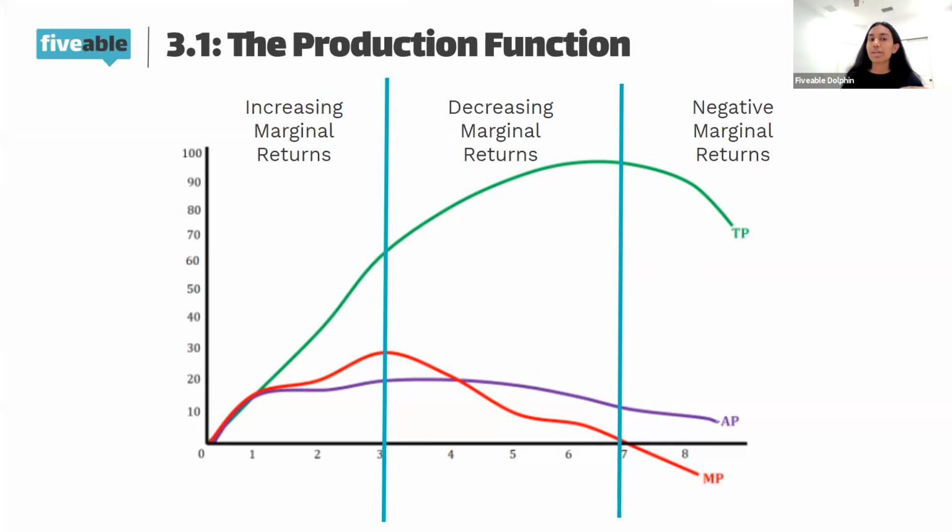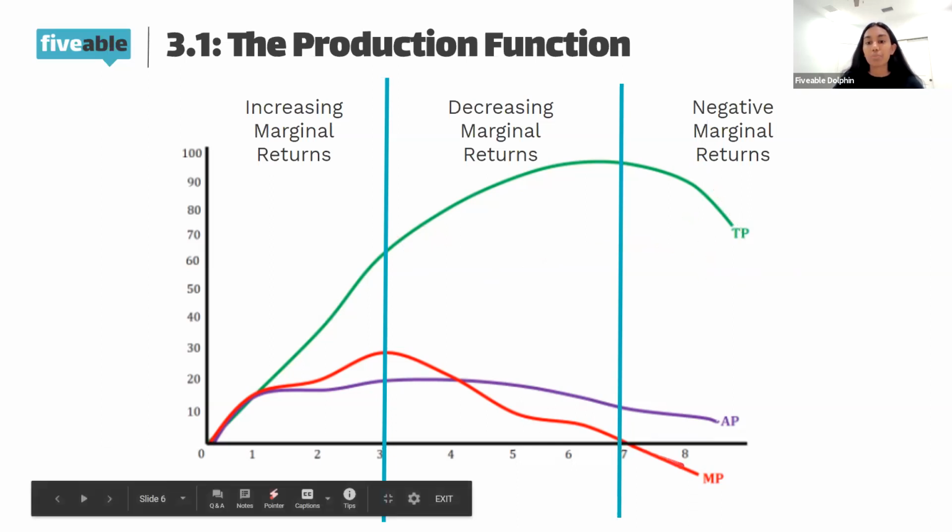There's only a certain amount of dough that people can make, only a certain amount of toppings that people can use to make pizzas, and only a certain number of ovens that people can use to bake the pizzas. So that's when decreasing marginal returns sets in here as well, because marginal cost starts to increase. And lastly, there's negative marginal returns.